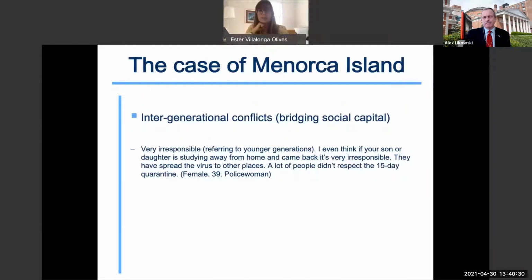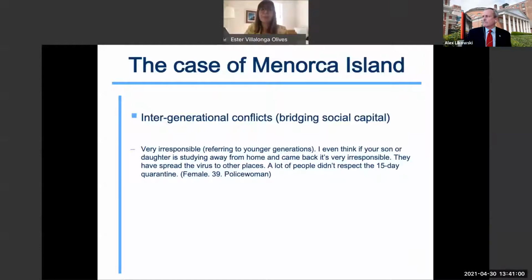When I put this information together, I was observing some intergenerational conflicts as well. Because in this case, there was a policewoman, 39, a female, who was talking about students or younger adults being super irresponsible because they were studying abroad or in Barcelona or in Madrid, and people flew to the island.